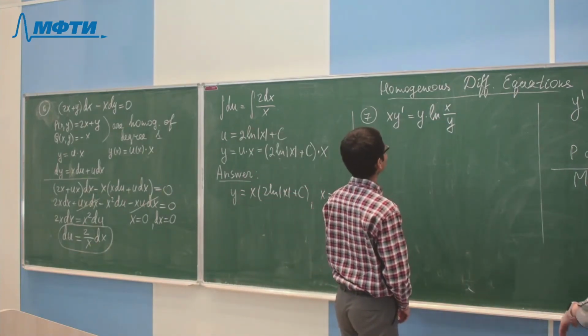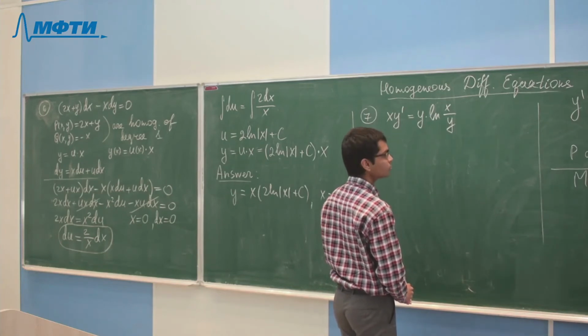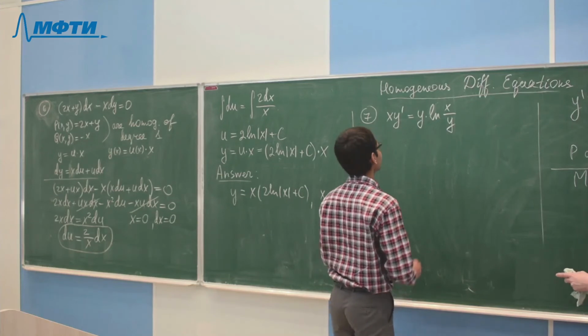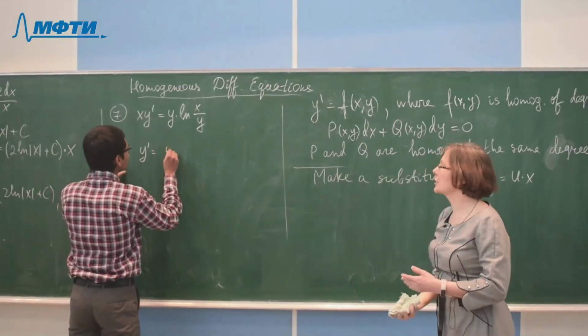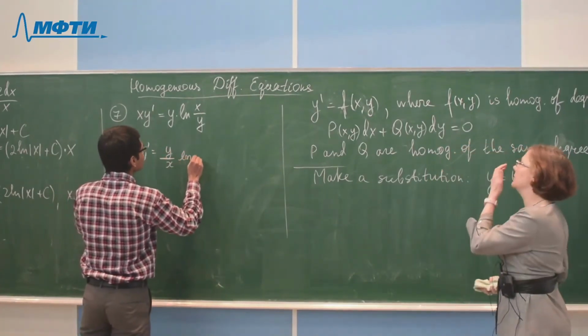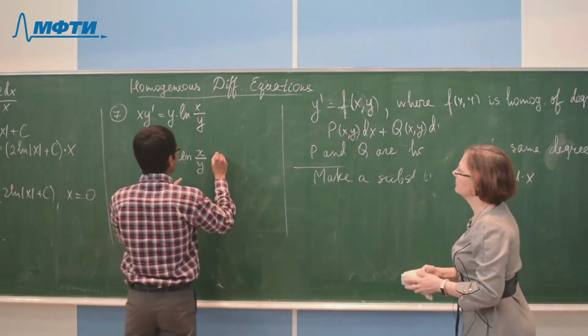We can rewrite it in the form f of x, y, and check whether f is a homogeneous function of degree 0. I can make a substitution.